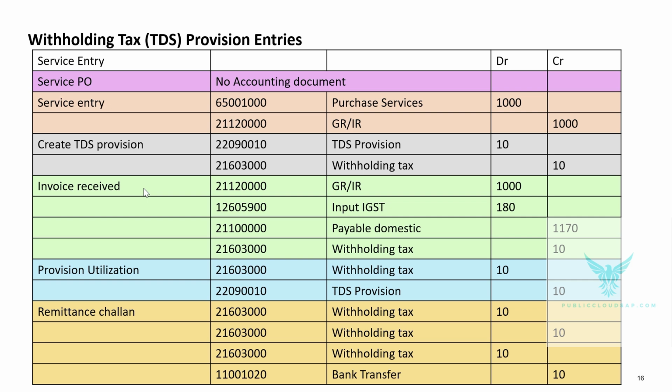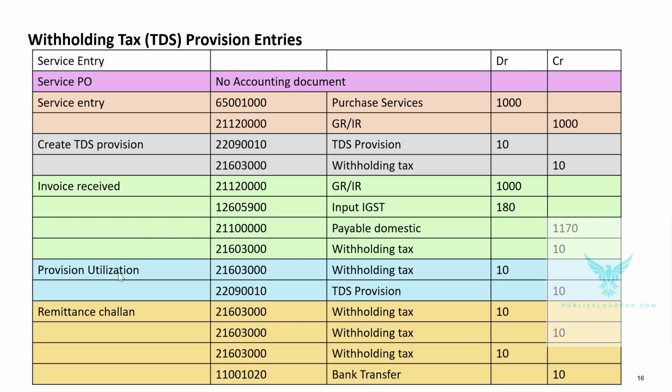Invoice received, we created provision, then we received invoice, then GRIR account is debit, input IGST is debit, that is 18% GST on 1000, payable domestic 1170, and withholding tax is credit 10 rupees. So at invoice receipt level the system will post this entry.